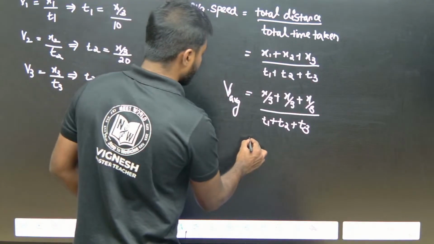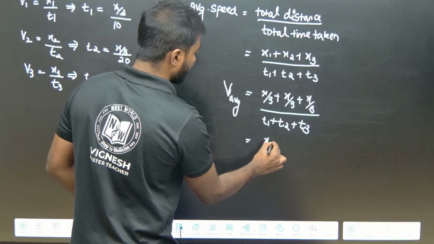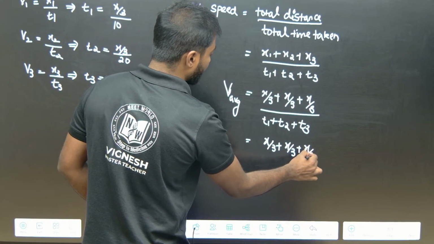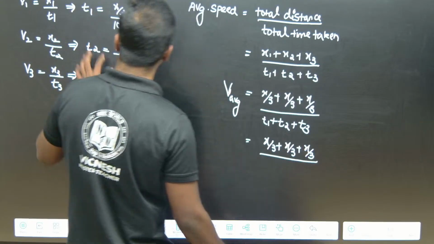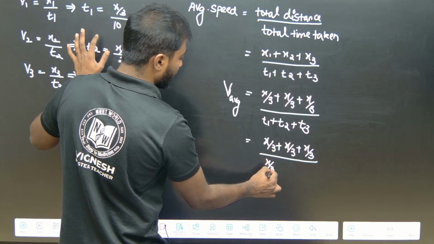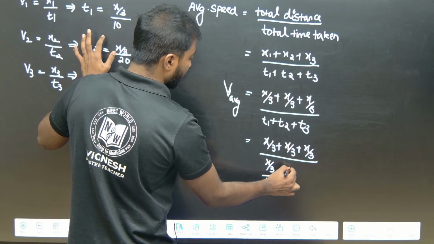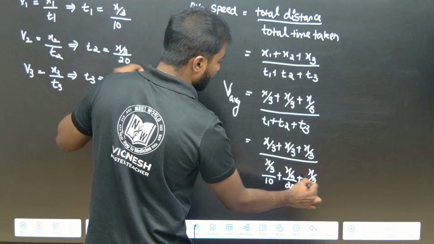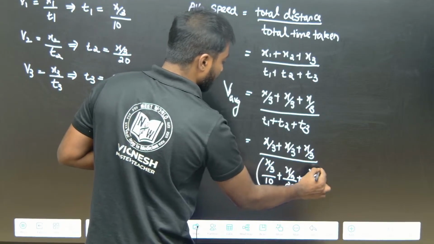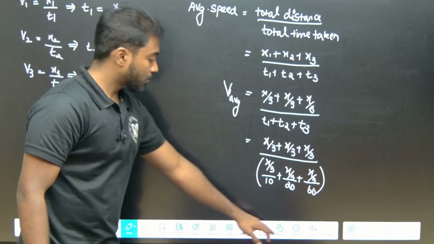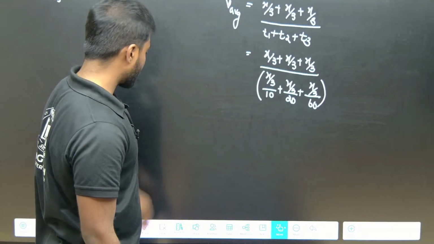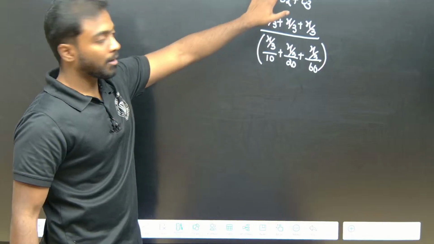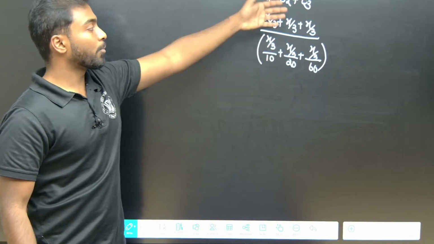So now what I can say: x by 3 plus x by 3 plus x by 3, divided by t1, which is x by 3 by 10, plus x by 3 by 20, plus x by 3 by 60. After this, we can take x by 3 commonly outside from the numerator and denominator.